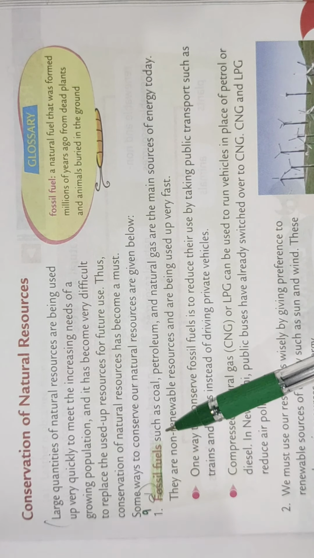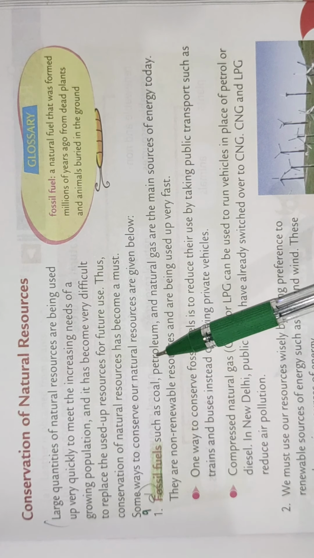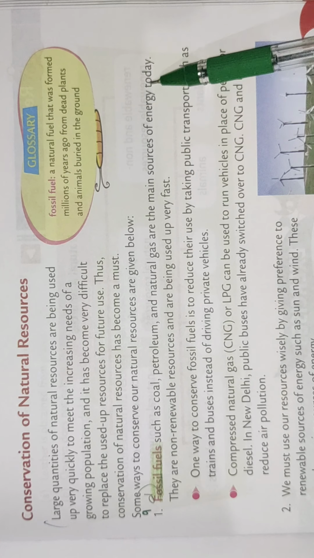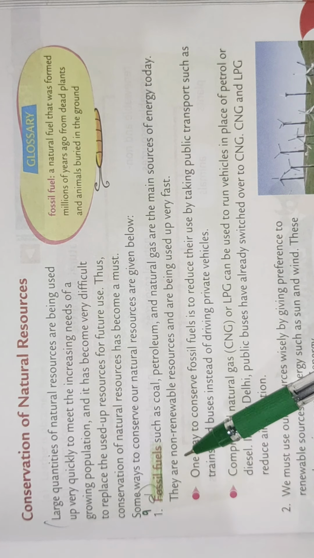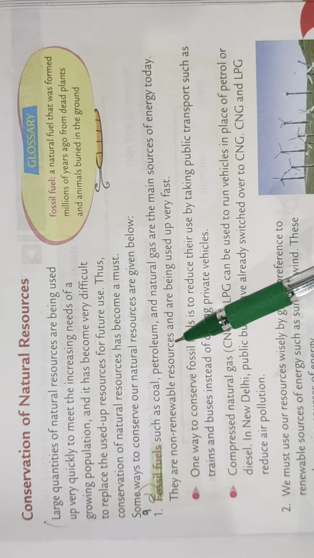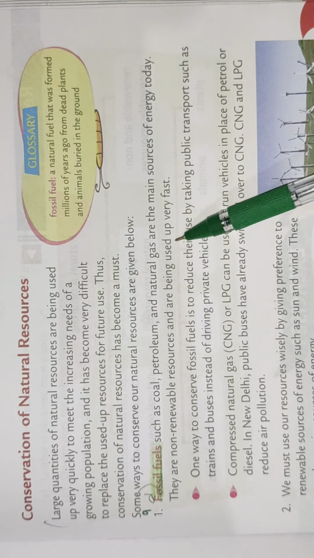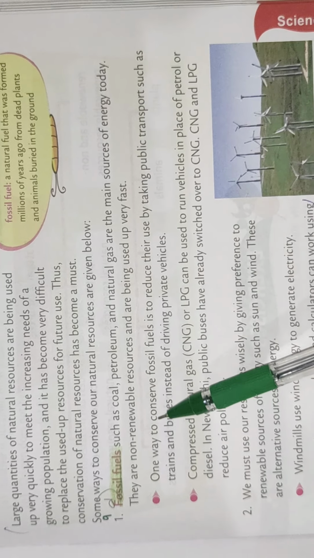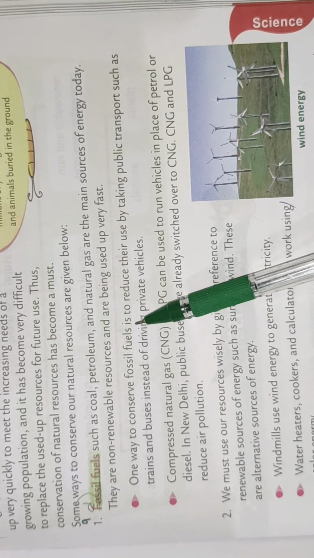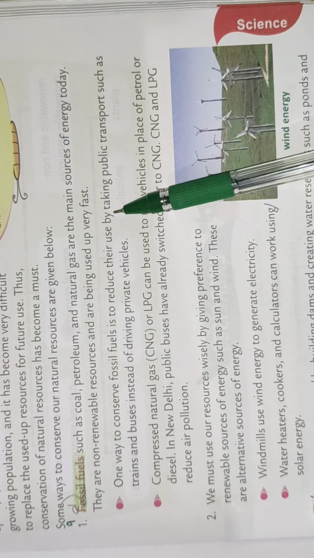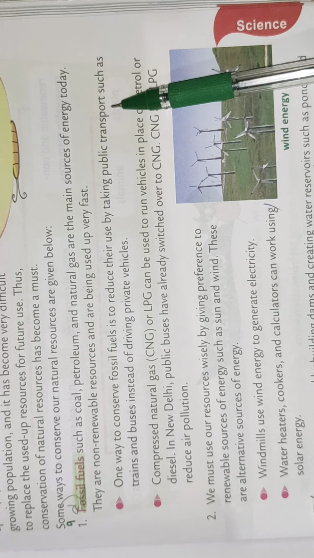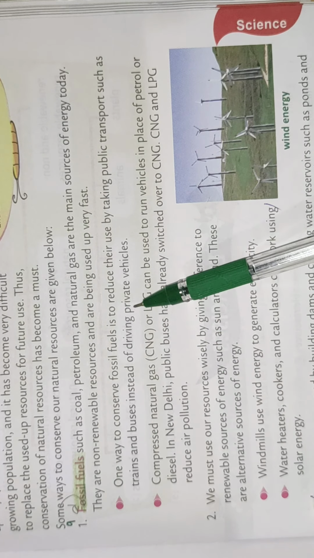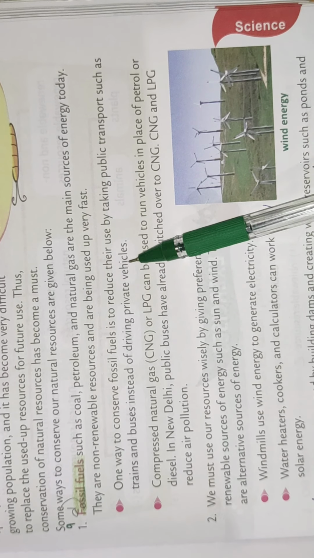Fossil fuels such as coal, petroleum, and natural gas are the main sources of energy today. They are non-renewable resources and are being used up very fast. One way to conserve fossil fuels is to reduce their use by taking public transport such as trains and buses instead of driving private vehicles.